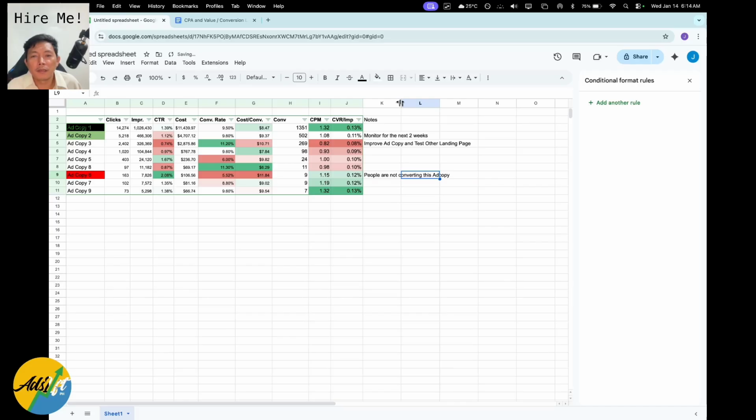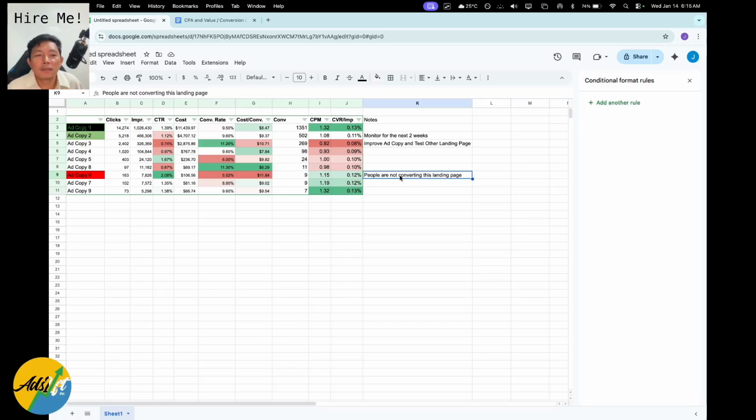So meaning the ad copy is quite compelling when it comes to how it delivers towards the audiences. It's clickable because of the high CTR, but when it comes to the conversion rate, it's very low.